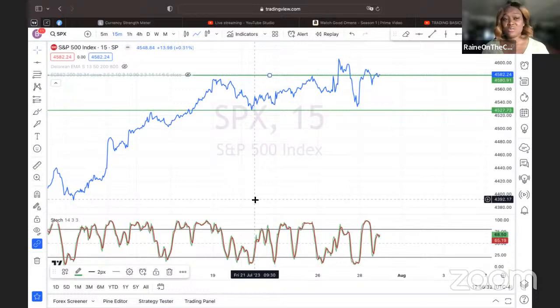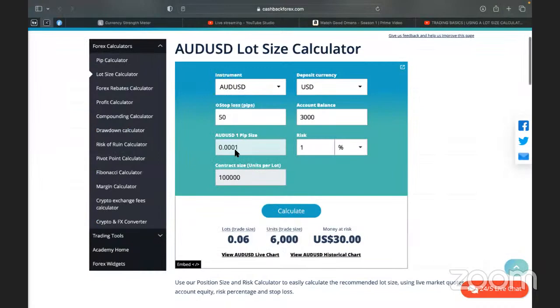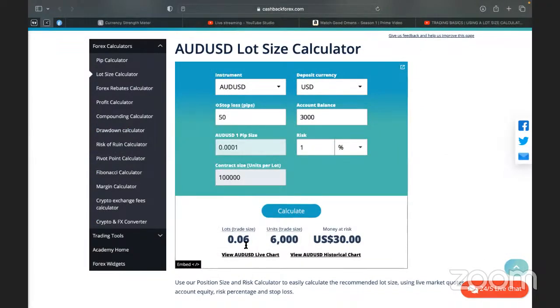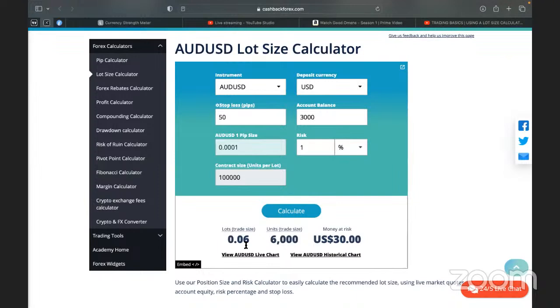But instead of having to do all of that, wouldn't it be easier to just know what the appropriate lot size is? Yes, you are absolutely correct. Because if you have a goal to grow your money by a certain percentage and you don't know the right lot size, you could be doing yourself a huge disservice.